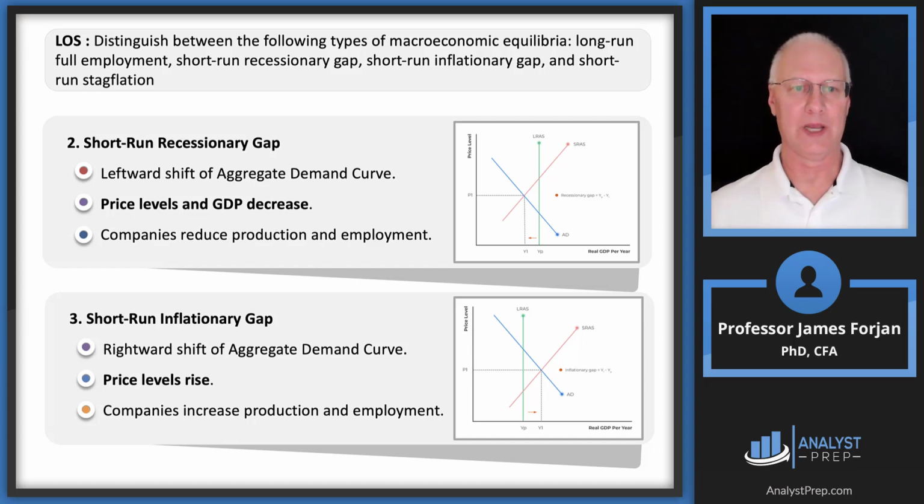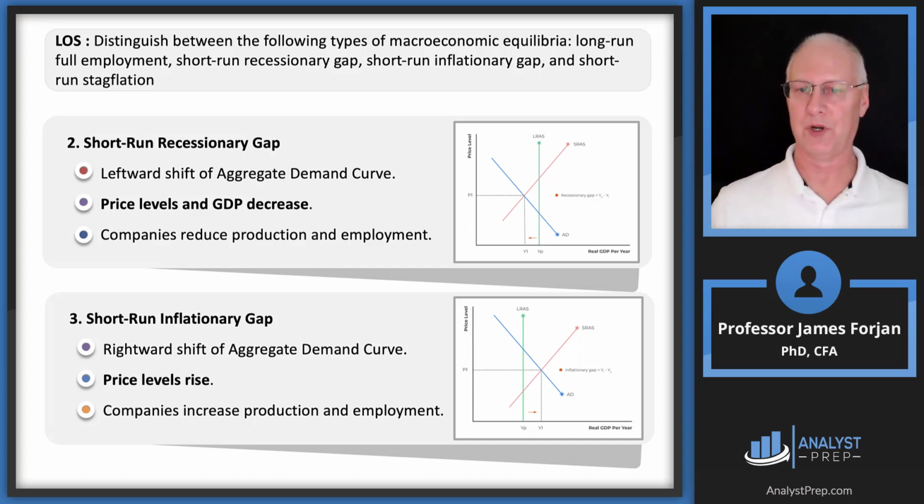Now, of course, what we can do is take a look at short-run recessionary gaps and short-run inflationary gaps, and these are going to be exactly similar to what we just did before. So let's take a look at the top graph, top illustration up in the top right. So we have a leftward shift in the aggregate demand curve, and so price levels and GDP levels decrease, and so companies reduce production and employment.